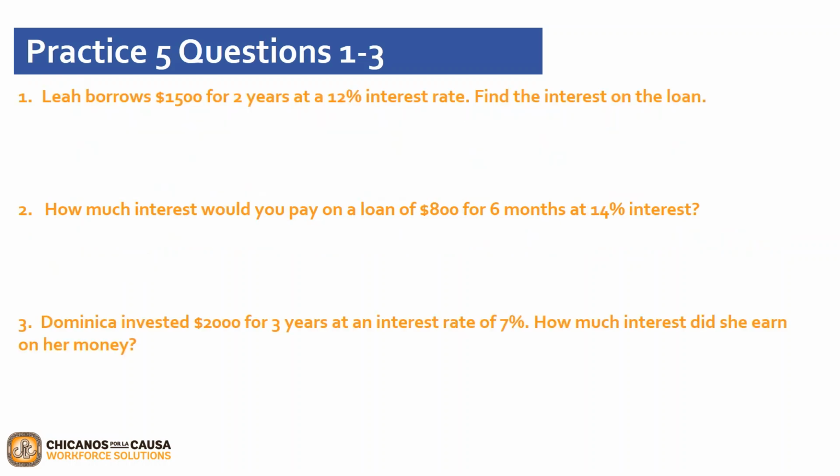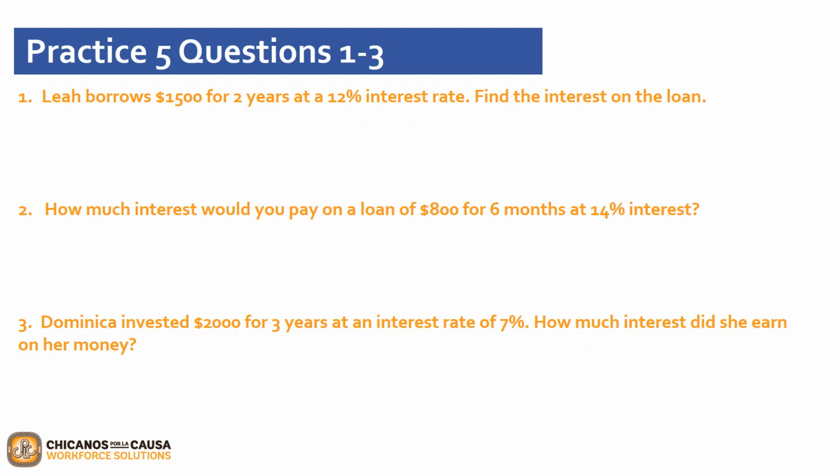Now that you're ready to move forward with practice 5, let's review the following questions. Question 1 says, Leo borrows $1,500 for 2 years at a 12% interest rate. Find the interest on the loan. To solve question 1, we need to use the formula for simple interest, I equals PRT.